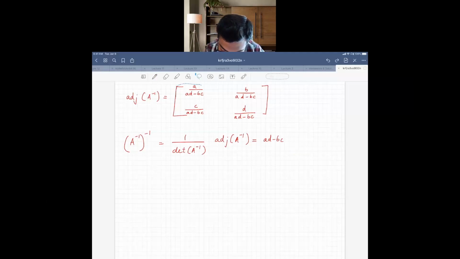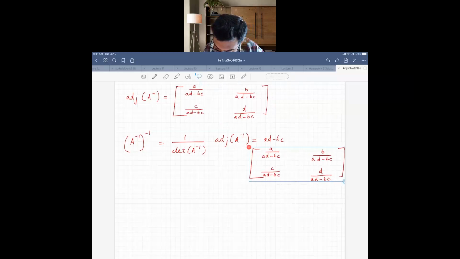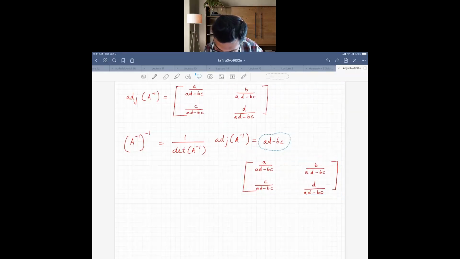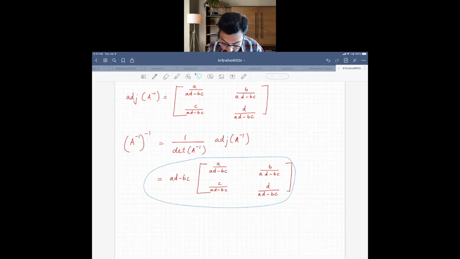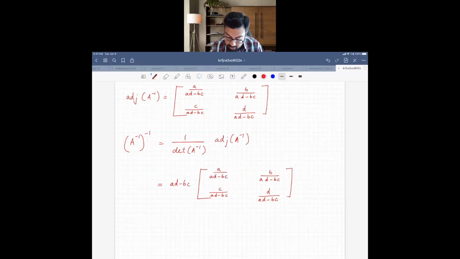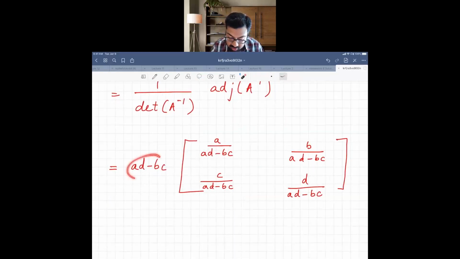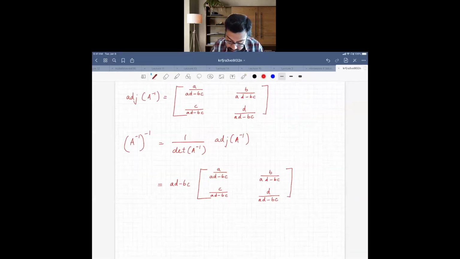Let me just take this, copy and paste. Now you can see that when you do the scalar multiplication of this, there is an AD minus BC here in the numerator, and there's an AD minus BC in the denominators everywhere, which will cancel out to give you A, B, C, and D as your matrix.